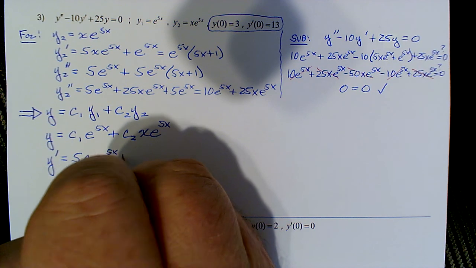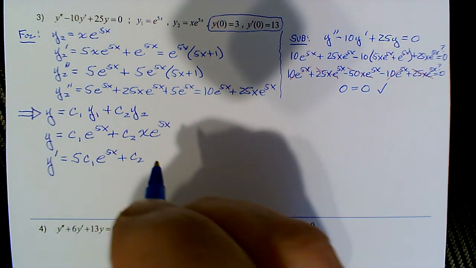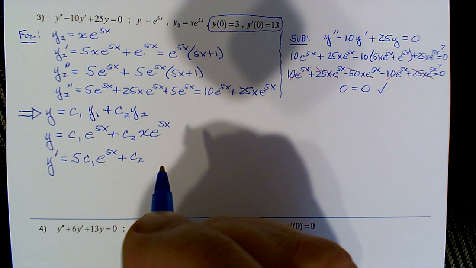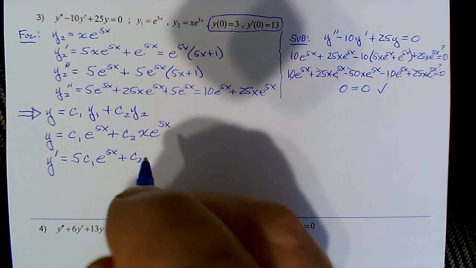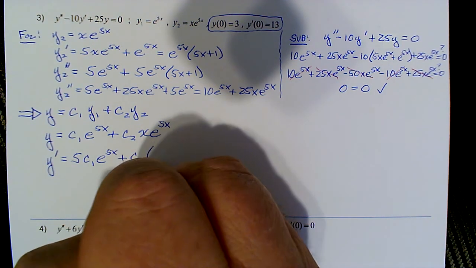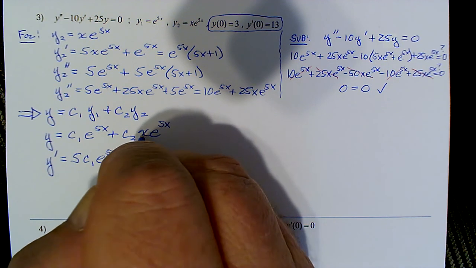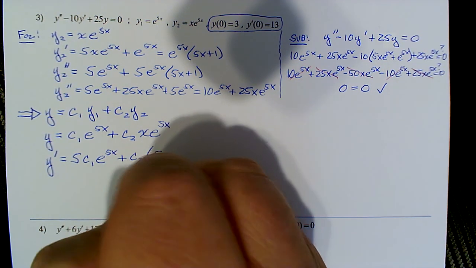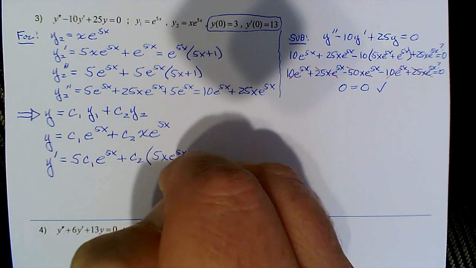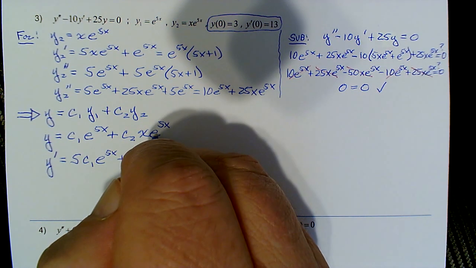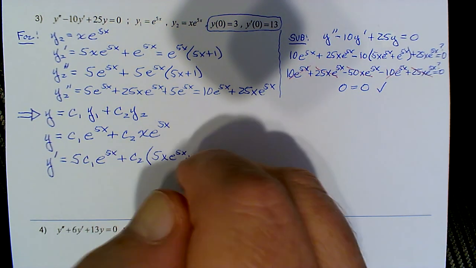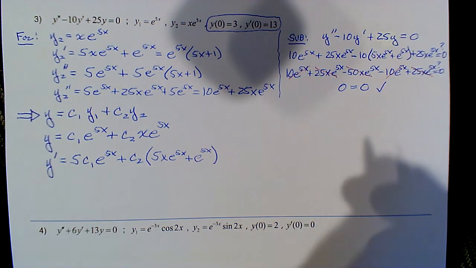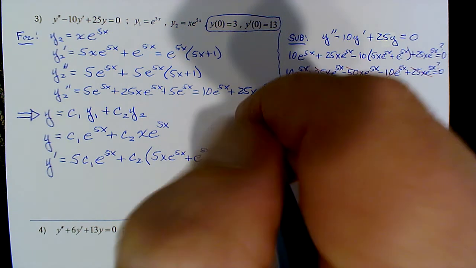I'm going to do this kind of carefully here. We'll do the c2, and then we'll have the product rule on this one. So first, x, times the derivative of the second, 5e to the 5x, and then plus the second, e to the 5x, times the derivative of the first, which is 1. So just plus e to the 5x. And I'll just leave it at that, and we'll go to the initial conditions.